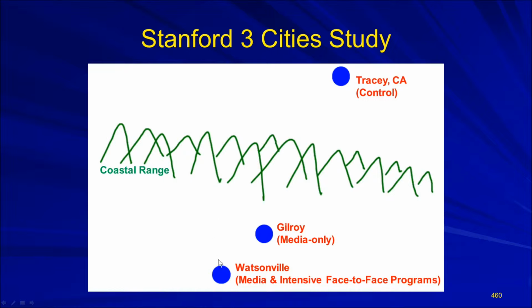So randomization by unit, not by individuals within the unit, but by unit or city of focus occurred. Okay? Now, in terms of the face-to-face programs, we could randomize people to two conditions. Okay, and that would be your traditional social science model.